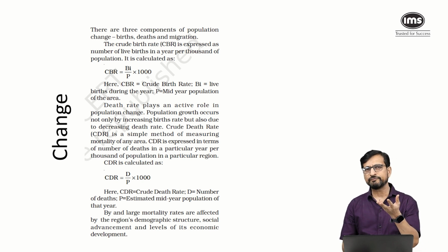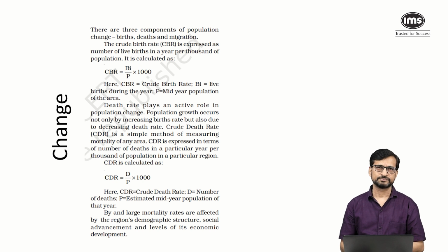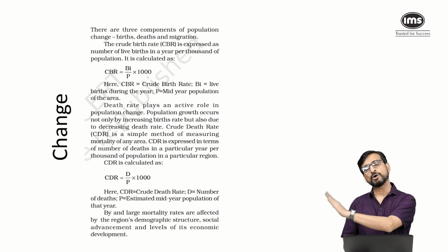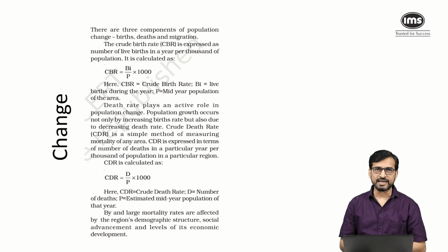There can be 2-3 ways of change of population. Either people die, that can make the population change, or people take birth, that can change the number, or else people shift from one location to other location, that can change the total number of residents of a particular area.